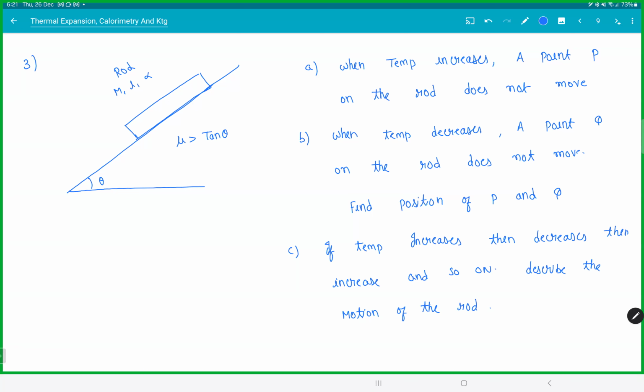Let's get the first part. So C is connected to A and B. Hope the question was clear.